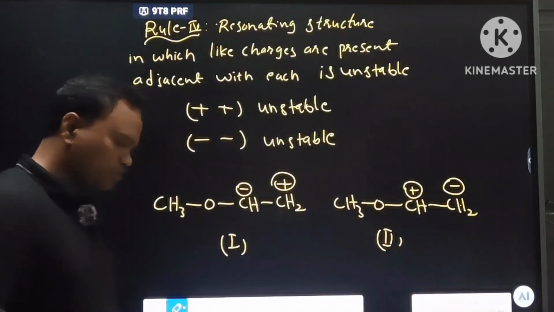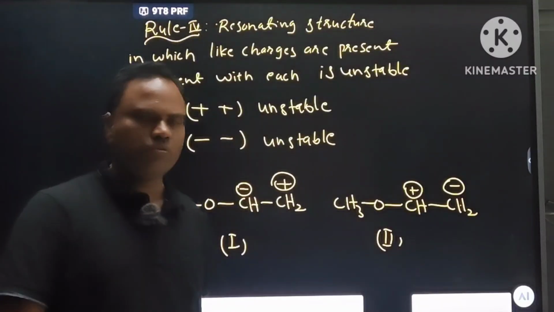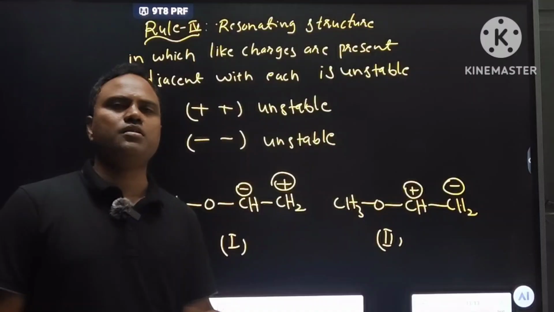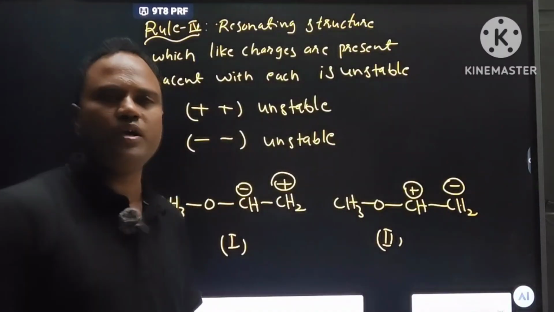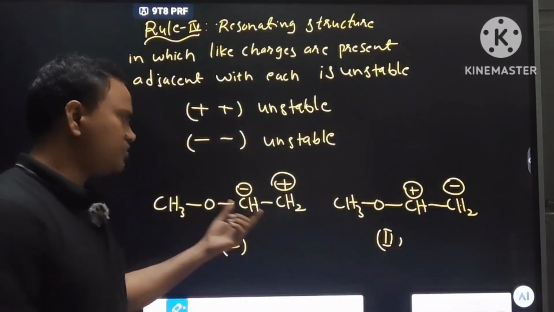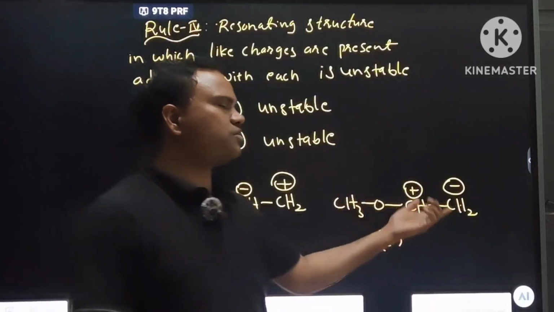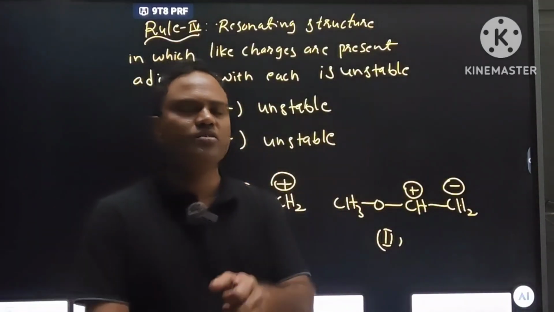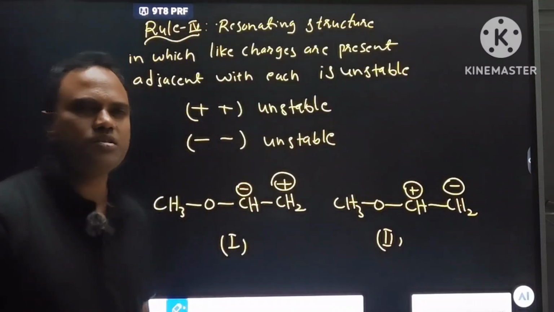If we go for rule 1, what is rule 1? Resonating structure should differ in the arrangement of electrons only, but not in the arrangement of atoms. Here the atoms' positions in this structure and in this structure are the same. So the first rule is the same, and based on the first rule you cannot predict the stability.